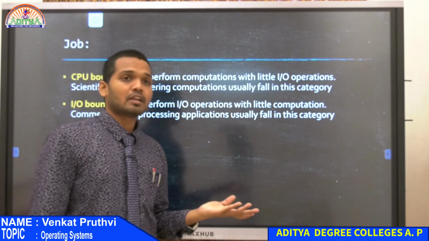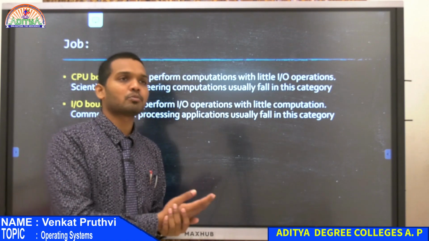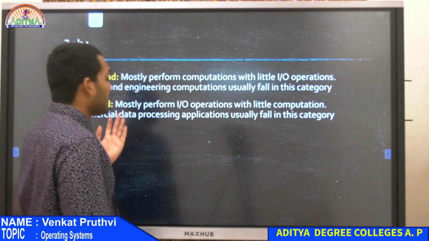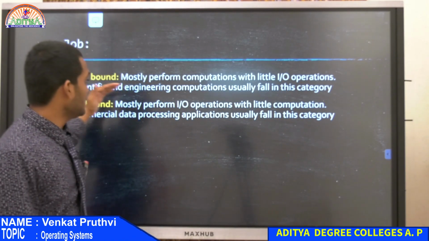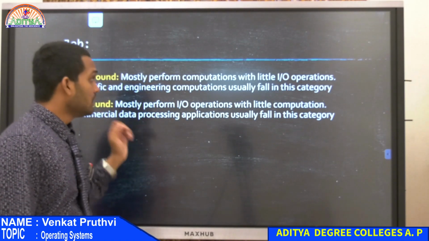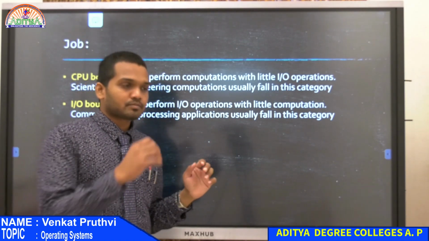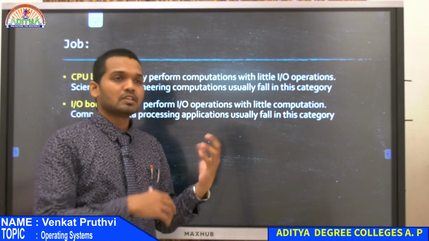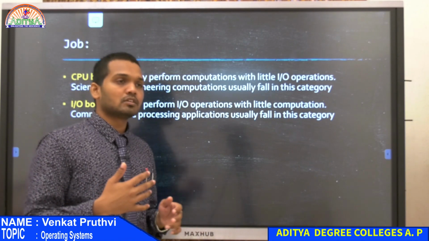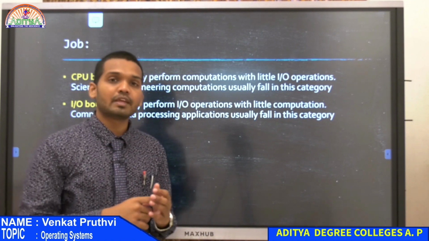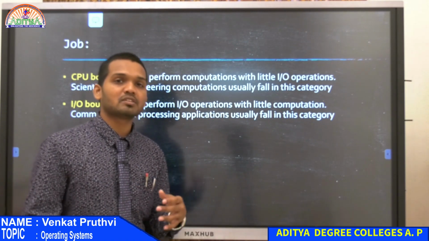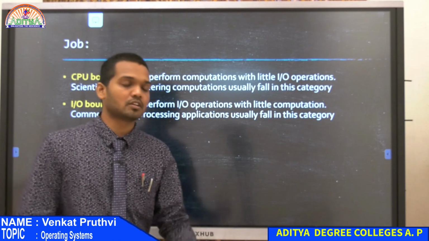Then what is the computer doing when we don't have more input output operations? What is that CPU working on? There comes the second line, that is scientific and engineering computations usually fall into this category. What do you mean by that? When you see the military domain, or if you go into the research domains, they have different kinds of very powerful computers that are more focused on processing rather than input output operations that we have in the normal computers or in the commercial computers.